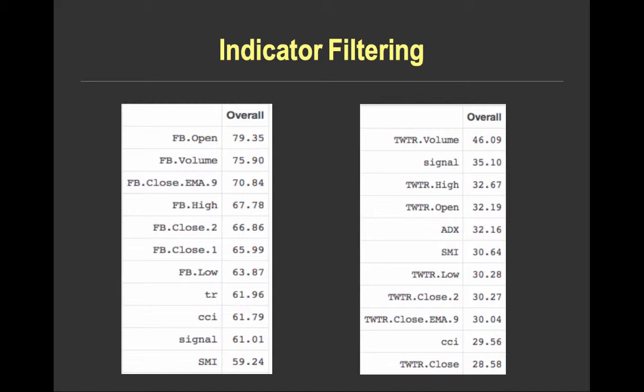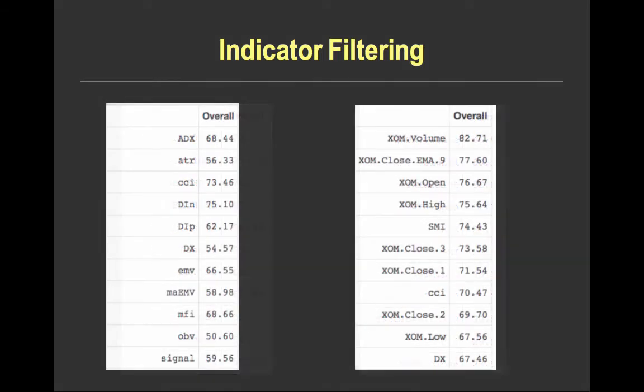It barely makes it in the bottom there for Facebook, where the SMI is much more helpful for trading Twitter. And again, these two things are very similar. They operate in a very similar economic sector, but the importance of different indicators is sometimes very, very different. Let's take a look at a last pair here.